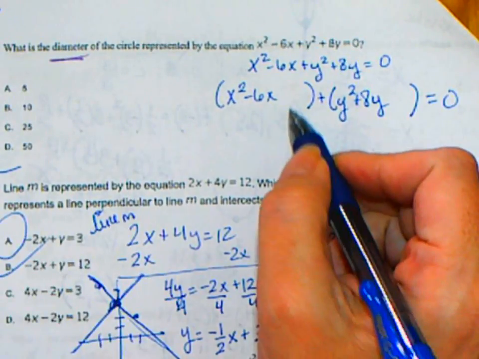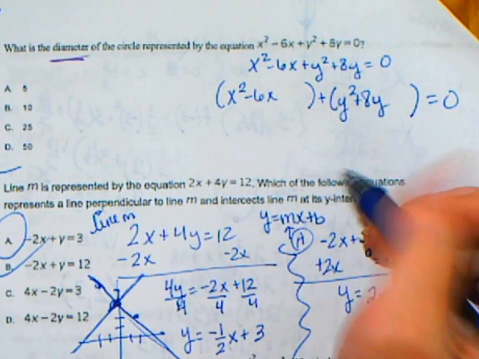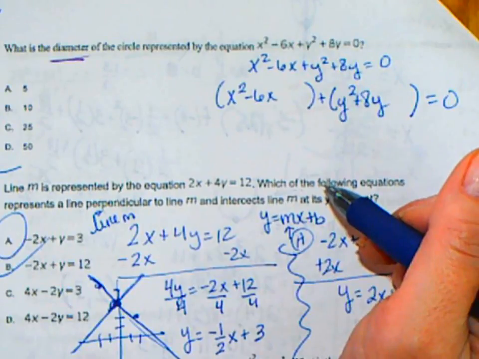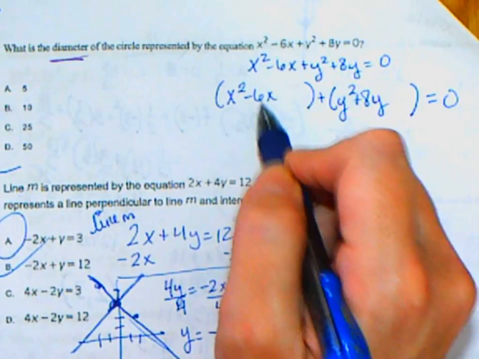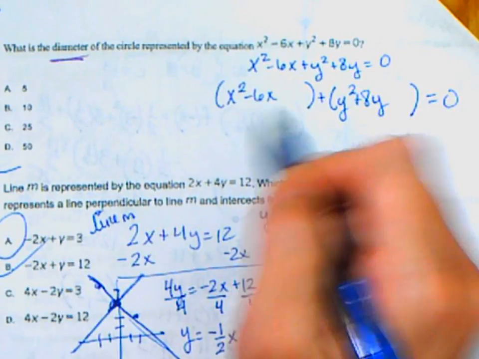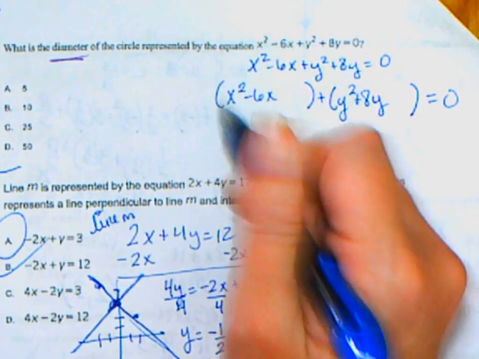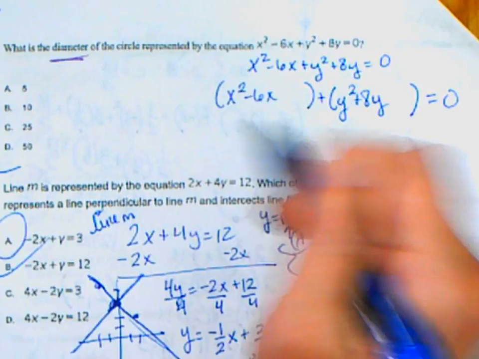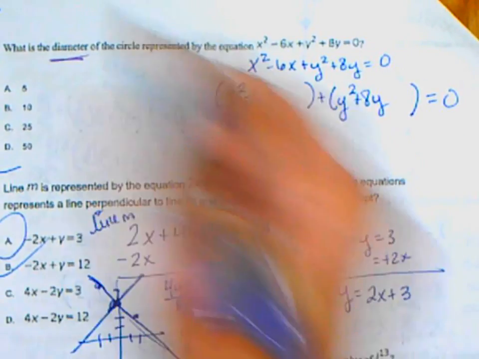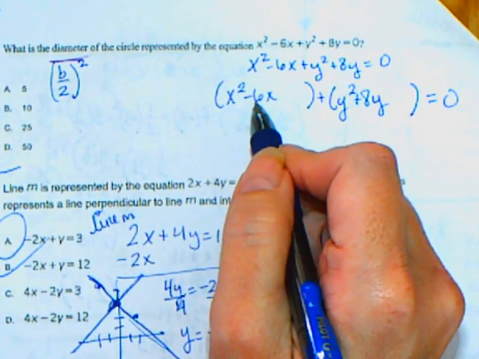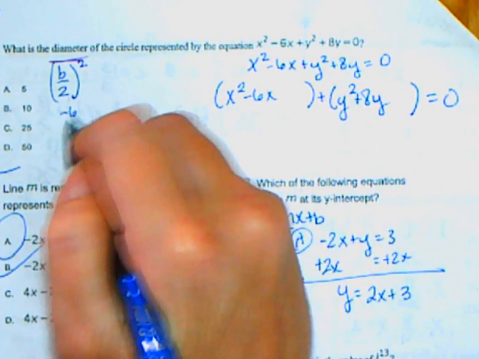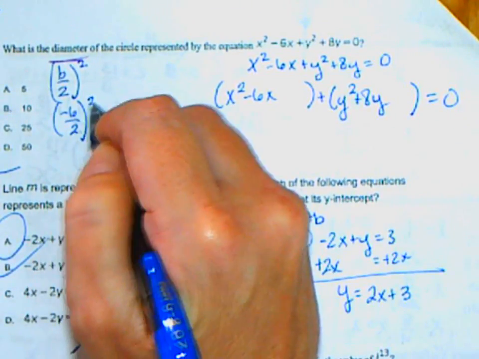Now I've got to figure out what numbers I'm going to use to complete the square, to make them perfect square trinomials. When you're told to complete the square, that means take your b, divide it by 2, and square it, and that will complete this to make it a perfect square trinomial, okay? So on the first one, I'm just going to write this so you'll have it in your notes, b divided by 2, quantity squared. b would be negative 6 divided by 2, quantity squared.